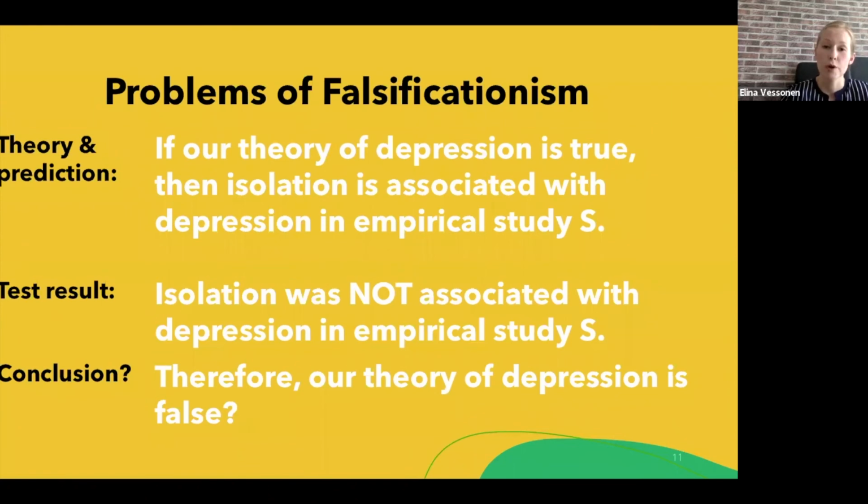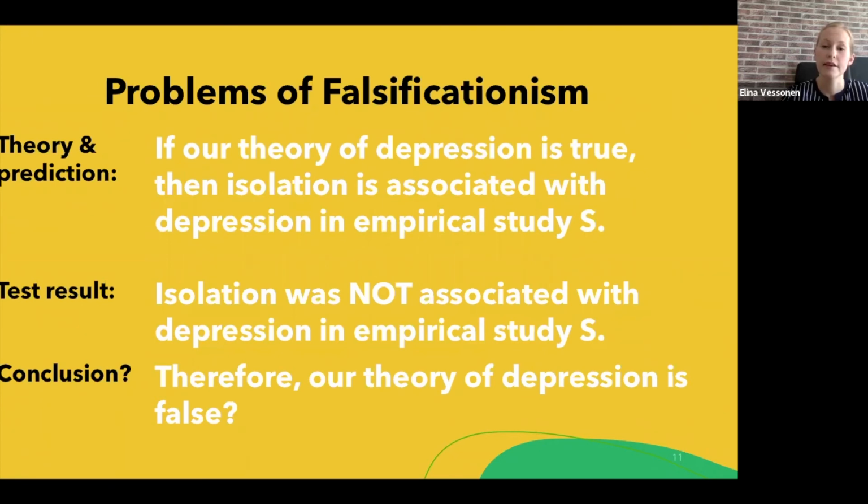For example, what we might want to say is that we want to specify the conditions under which the relationship between depression and isolation manifests. We want to be clearer about the context in which this association would be expected. Another thing that we might want to say is that there's something wrong with the empirical study.